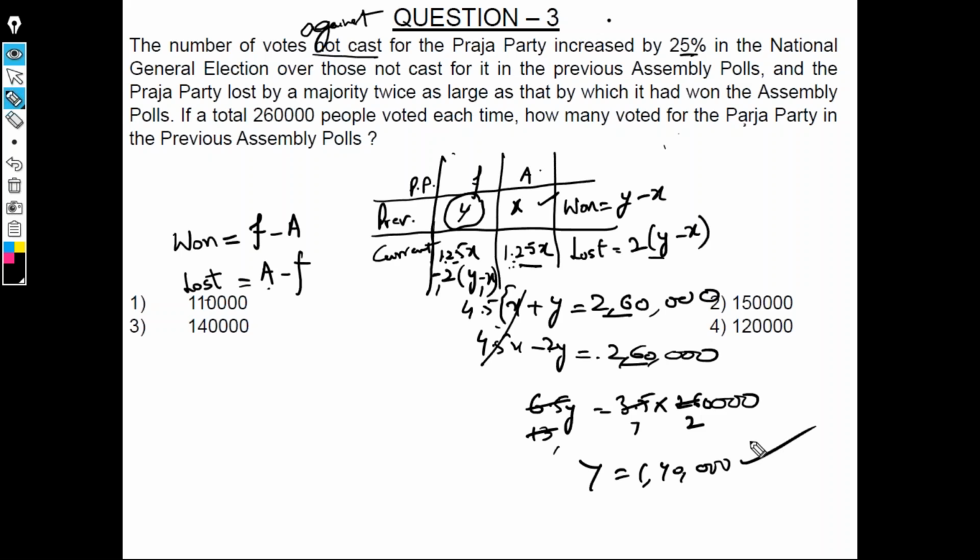Is it clear, everyone? Ankita, is it done? Those who gave 1,10,000 as an answer should have proper clarity about the calculation part.